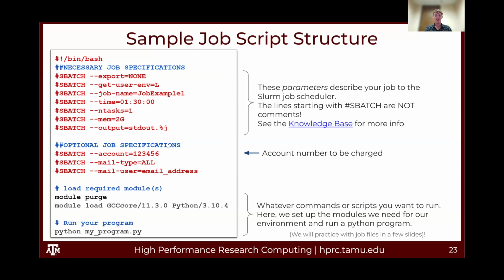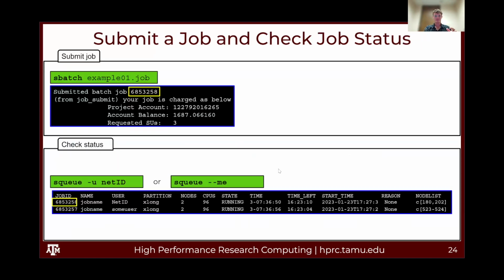But if you need to load modules, do it in the job script. You can't load them on the login node and then submit a job. The compute node needs to look at the script, and then the compute node itself needs to load those modules. So that's why you've got to put it in the script.